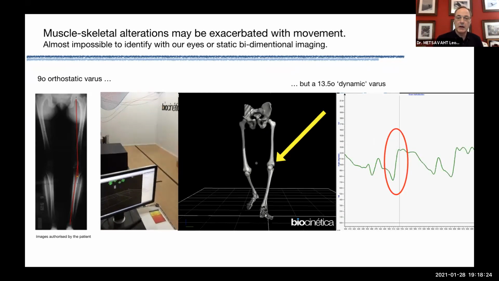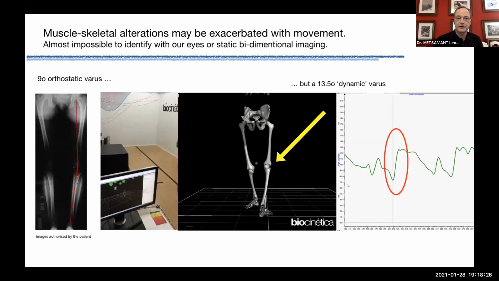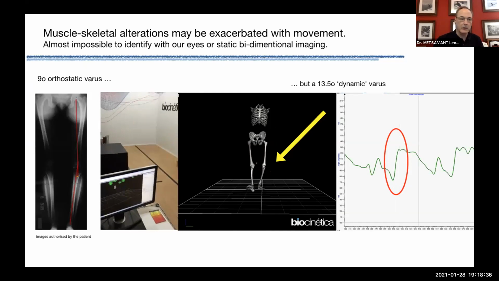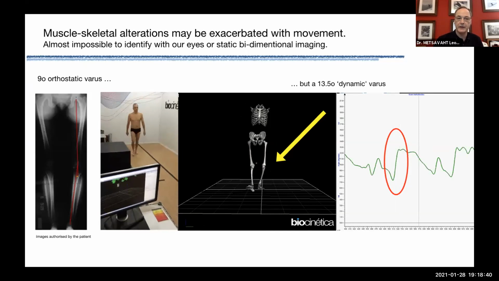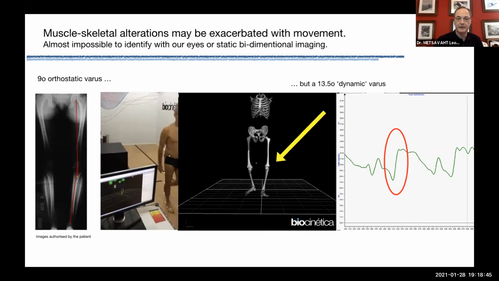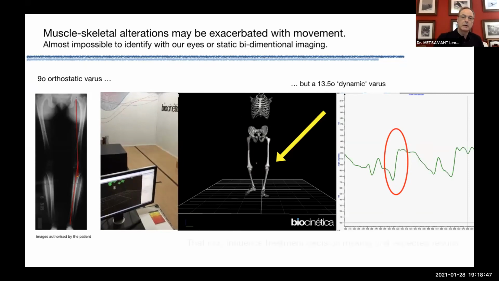So that would influence the surgeon to take the decision. Probably if he's doing an osteotomy or a uni prosthesis, you know, the load has to be calculated not only on 9 degrees of varus, but 13.5 degrees.